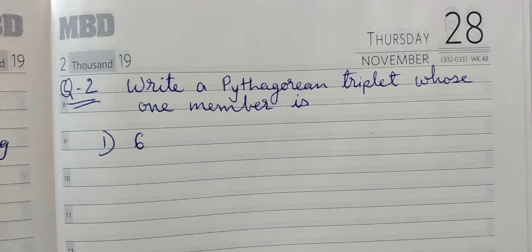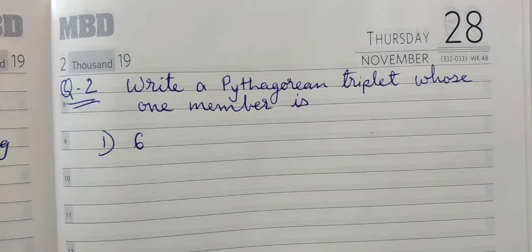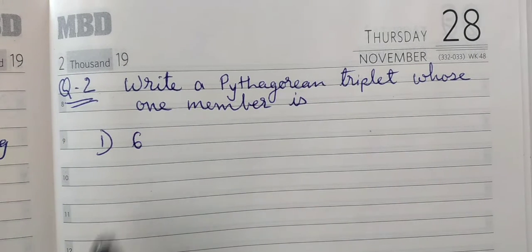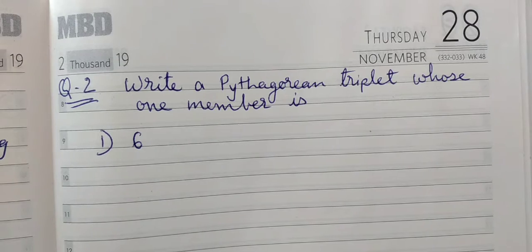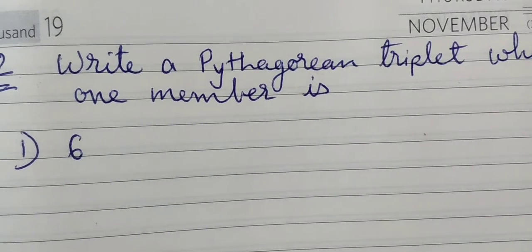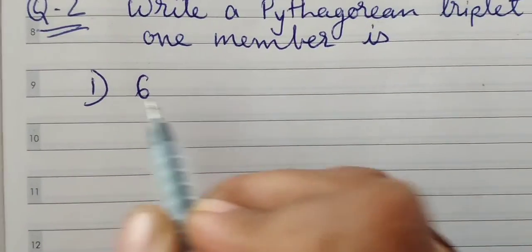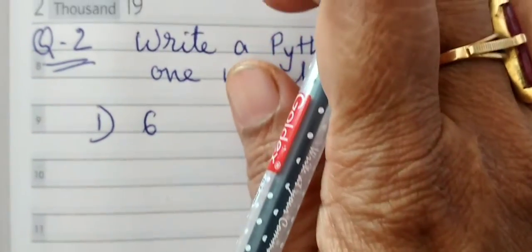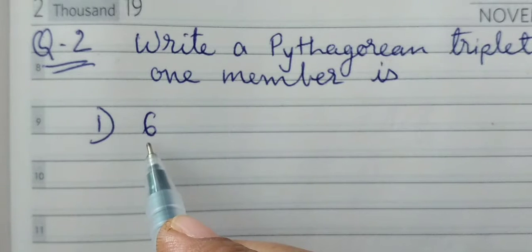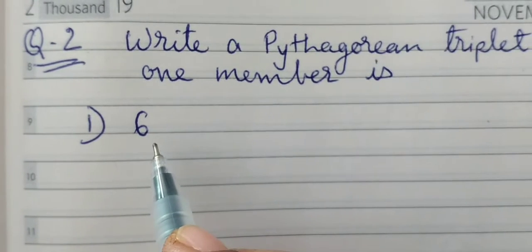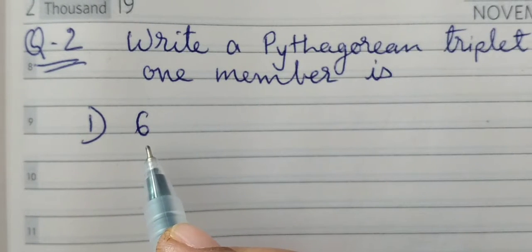So children, let's see question number 2 of exercise 6.2. Write a Pythagorean triplet whose one member is 6. So as I explained you in the video, check the number. Yes, here you can see 6, which is a multiple of 2.